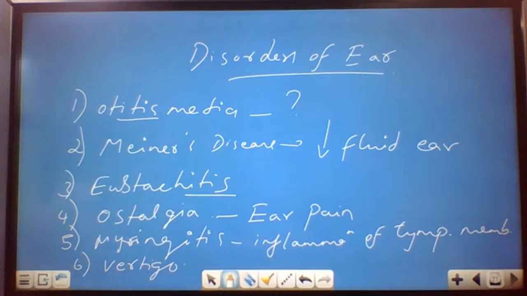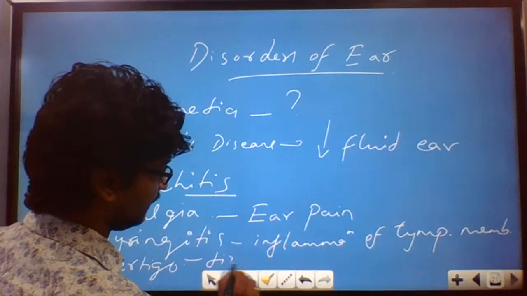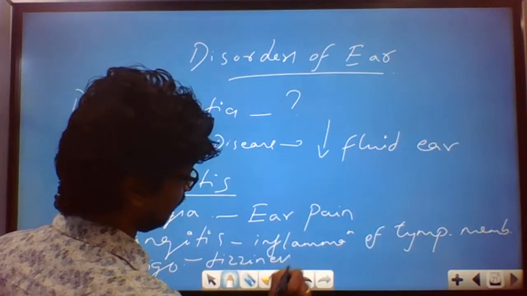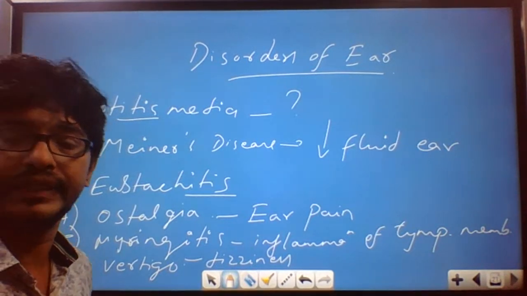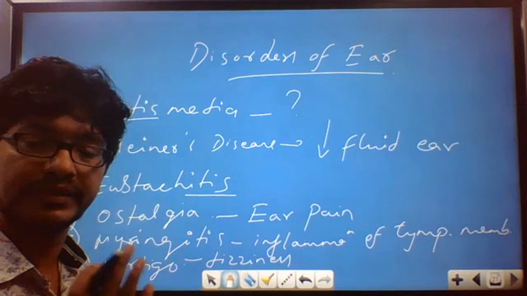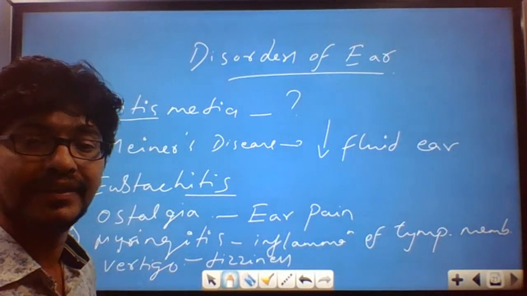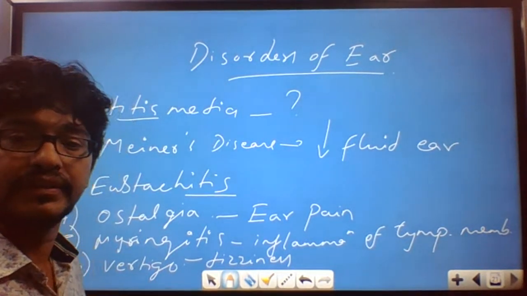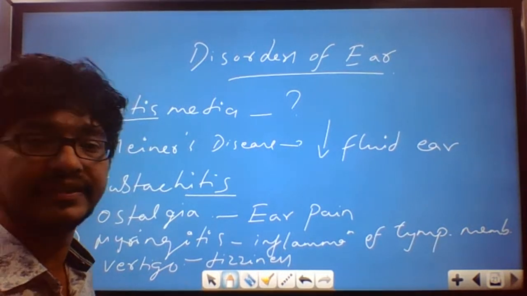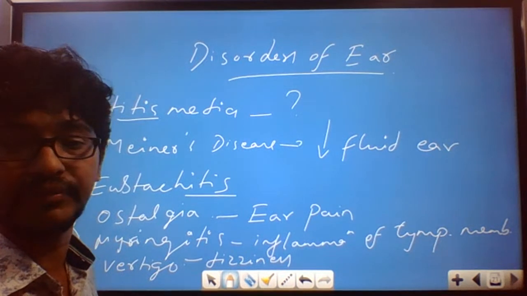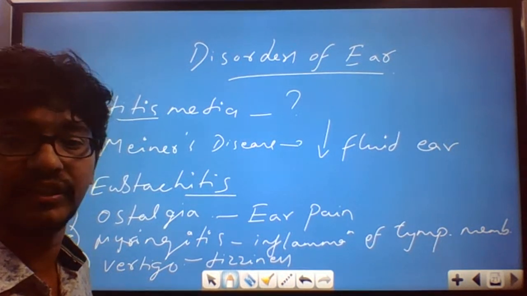Vertigo is actually a kind of dizziness. To put it more precisely, the person experiences a kind of motion, even though they are standing or sitting in a particular place in a stationary mode. They feel like something is always moving inside and out, even though they are stationary.